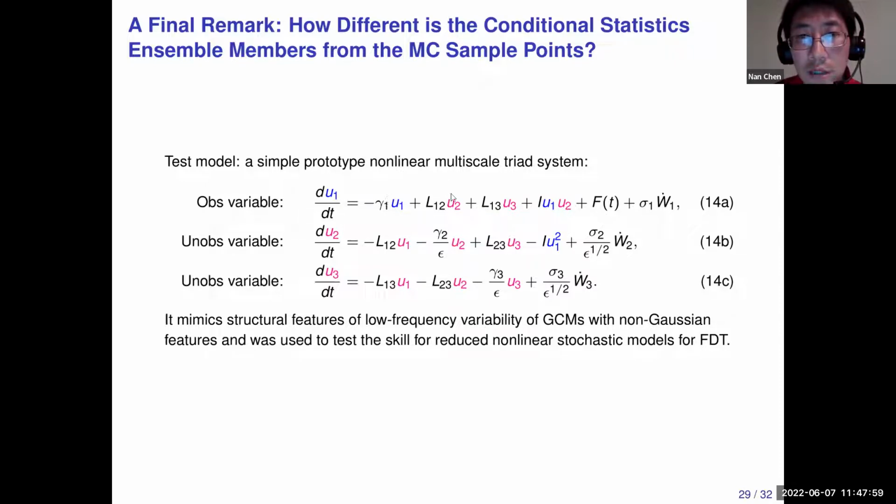So basically, the first few terms are linear terms, but there's a quadratic nonlinearity between U1 and U2, and feedback of minus U1 squared. So this entire nonlinearity is energy conserving. And this is actually a very useful test model because it mimics features of at least the low frequency part of general circulation models, and it can create a lot of non-Gaussian distributions. And it was tested for the use of the model for the fluctuation dissipation theorem.